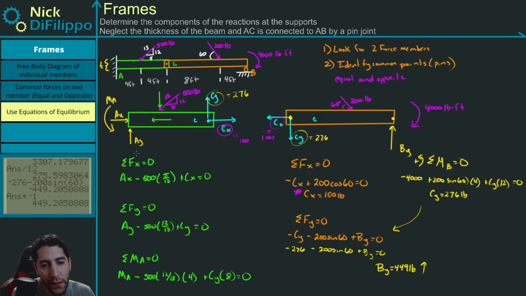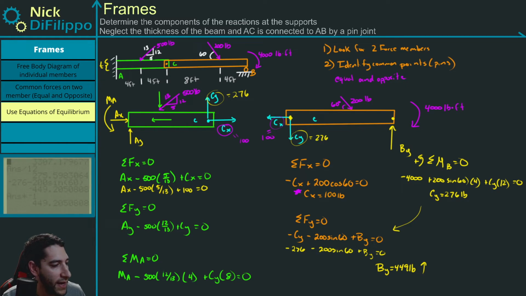Now, what we can do is we can go back to all of my equations over here, and we can start to use what we found from CX and CY. So CX we know is 100 pounds. So we have AX minus 500 times 5 over 13 plus 100 is equal to 0.